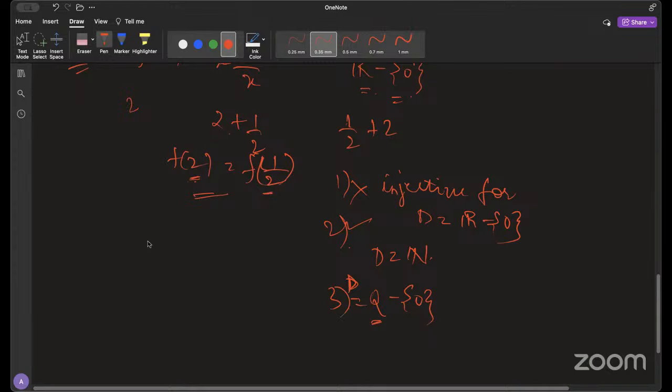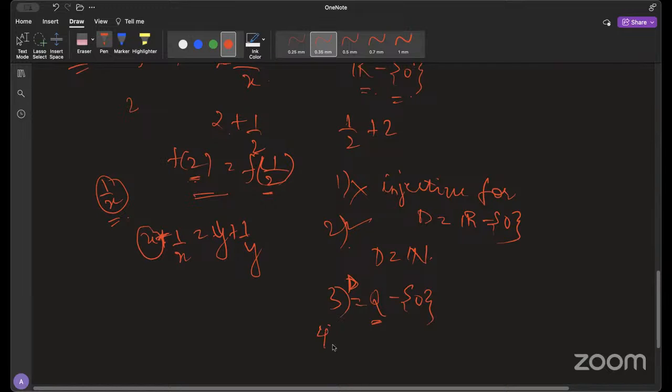So if you want that x plus 1 by x is not equal to some other y plus 1 by y, you need to make sure that, obviously natural numbers are also rational numbers. So what we want is we want 1 by x to be not in the domain. That's what we want. Because if 1 by x is in the domain, right? Yeah, let's go for the fourth option.